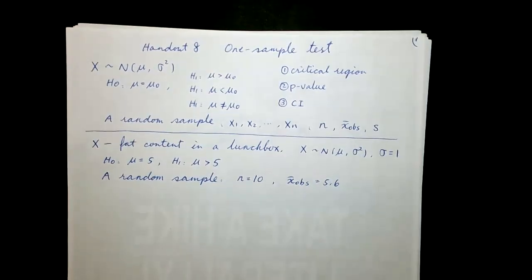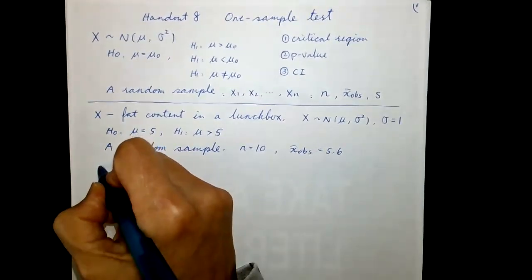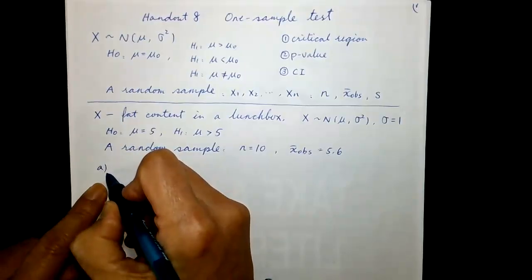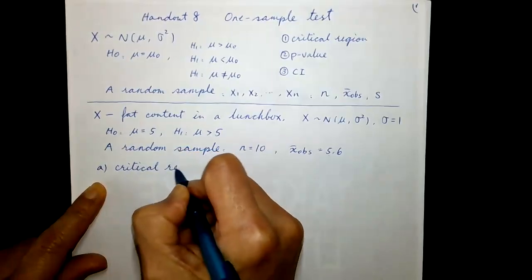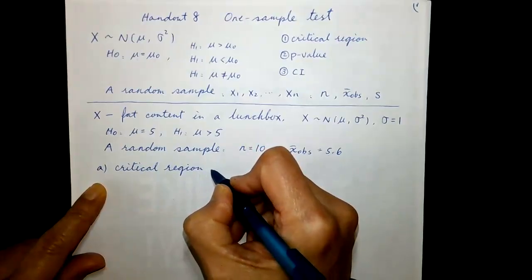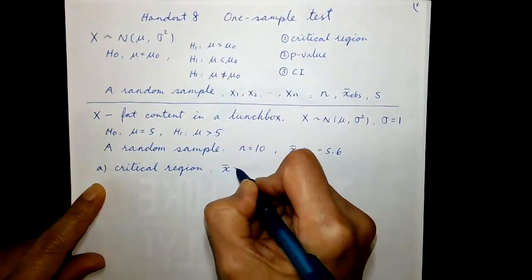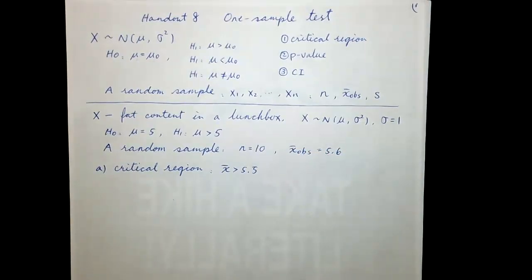Now, what is a critical region? In the first part, a critical region is suggested for you. It's a proposal. The critical region is given as x bar is more than 5.5. Now first, of course in real life or in your final exam, nobody will give you a critical region and ask you, is it good?